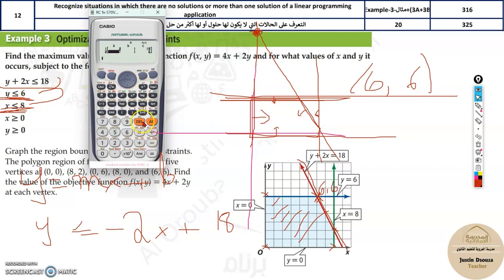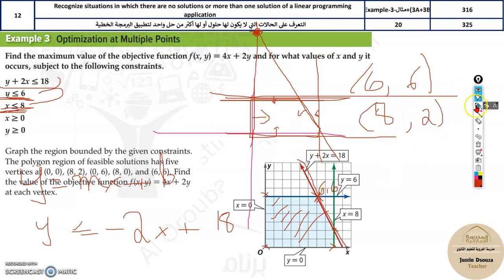Sorry, it's not 8, it's 1. The y value is 0, and over here the number is 8. In the last one, x was 0, y was 1, and the number was 6. Over here it changes. Now x is 1 and y is 0, and the number is 8. So 8 comma 2.